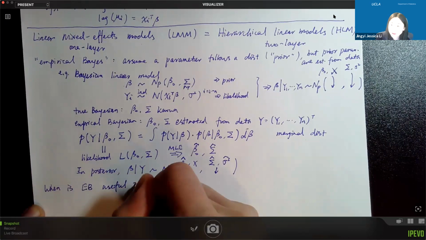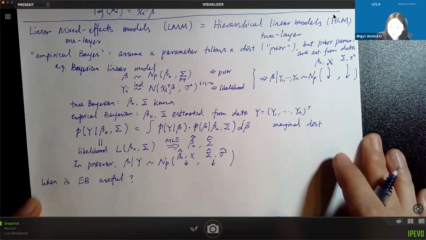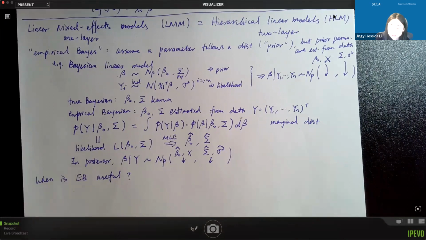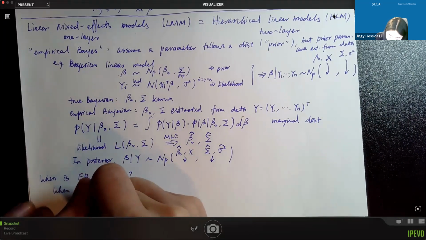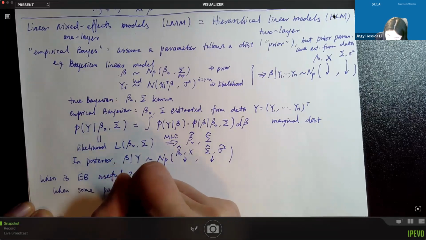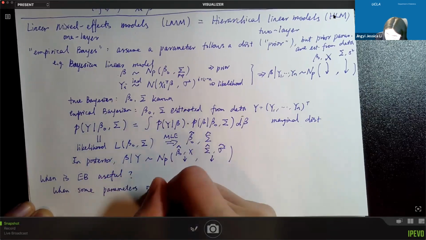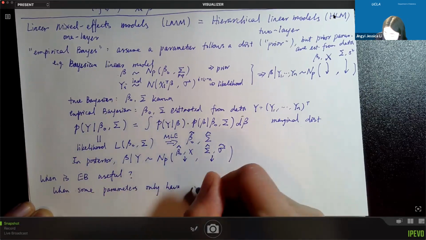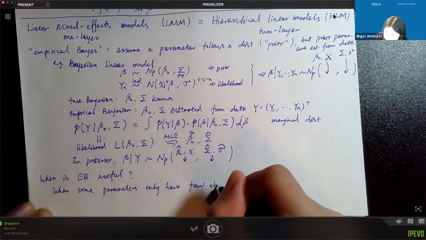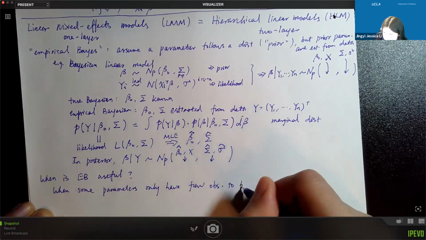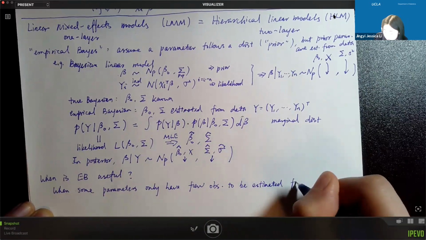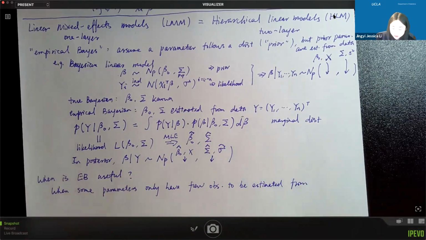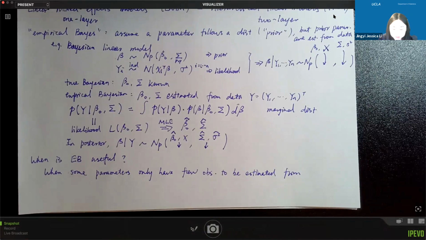My take is that it is very useful when some parameters only have a small number of observations, only have few observations to be estimated from. So in other words, you don't have many observations to support the estimation of one parameter.